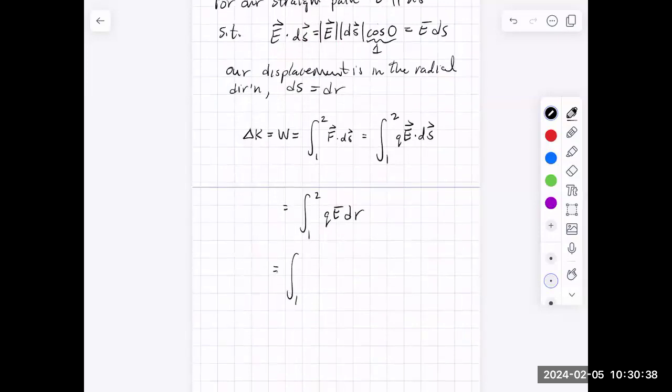So this is the integral from 1 to 2 of Q times the electric field due to capital Q, which is Coulomb's constant times capital Q divided by r squared, dr.